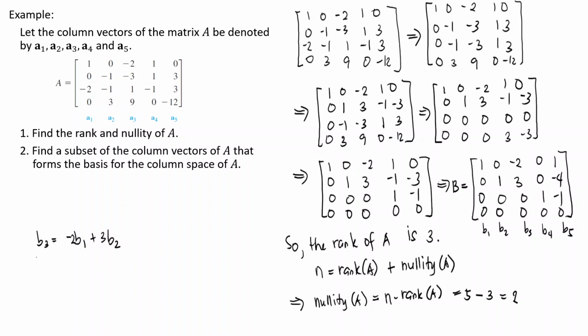However, notice also that B sub 5, the fifth column, is equal to B sub 1 minus 4 B sub 2 minus B sub 4. So we have 1, negative 4, and negative 1. Again, B sub 1, B sub 2, and B sub 4 are linearly independent.